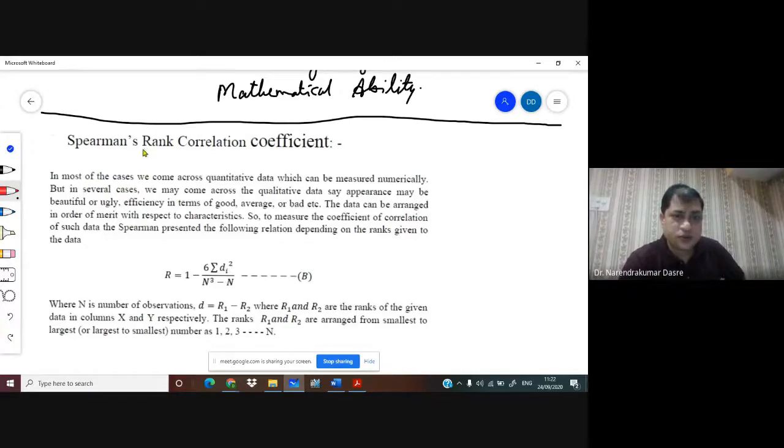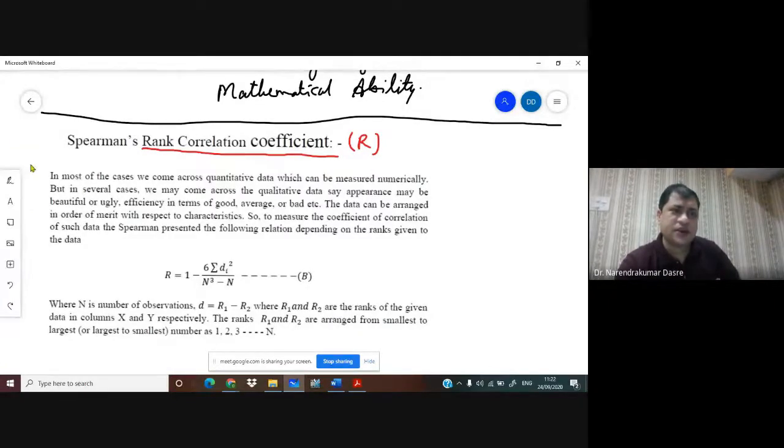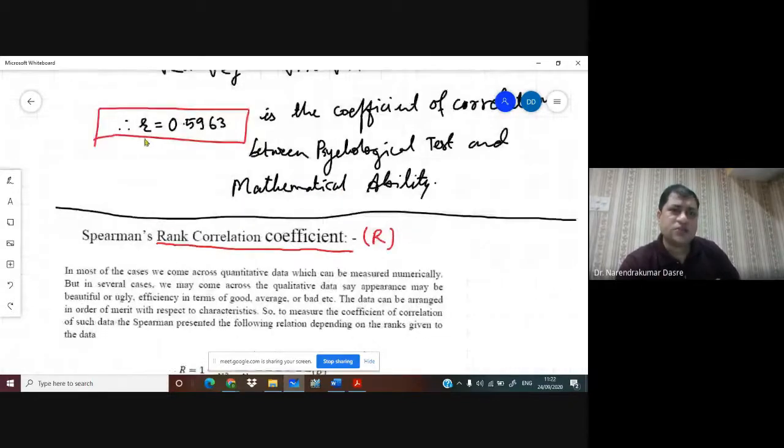The rank correlation coefficient is denoted by capital R, whereas the previous was small r. So this is the coefficient of correlation, and this is the rank correlation coefficient.